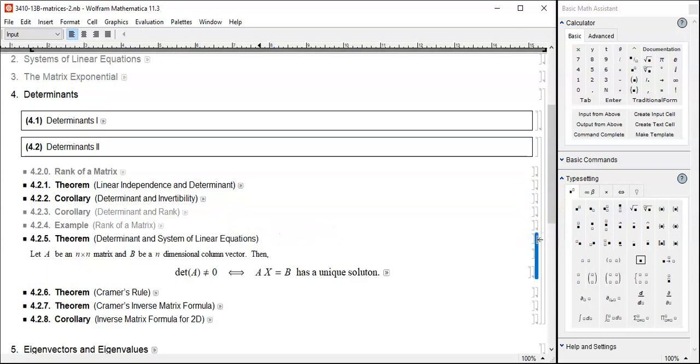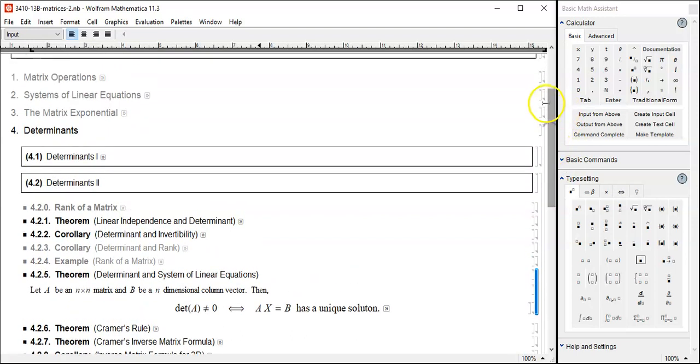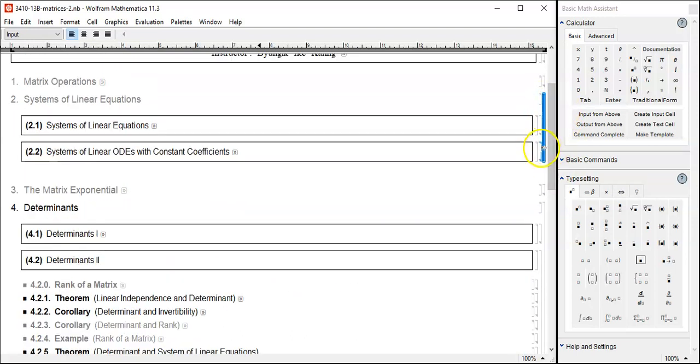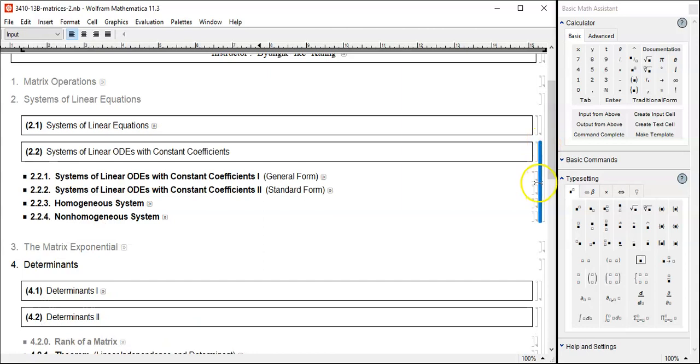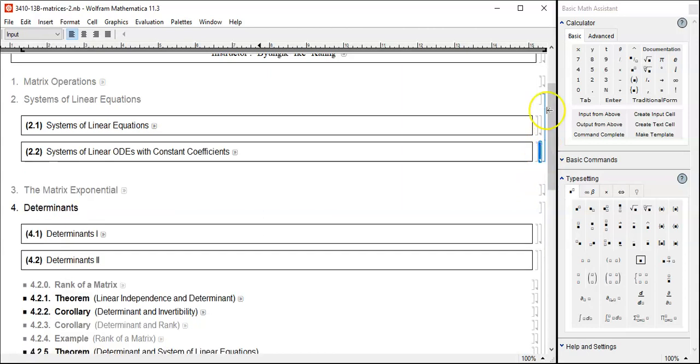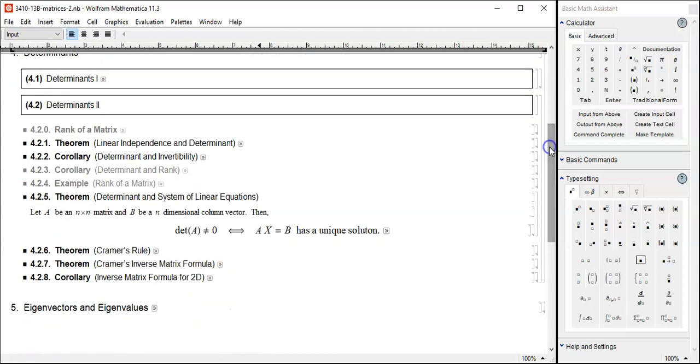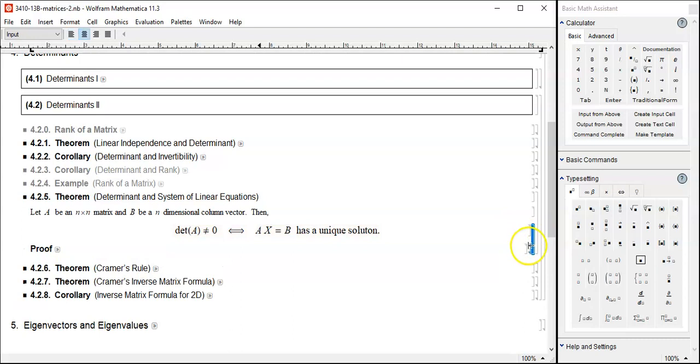And now that we have established invertibility, we can apply this to systems of linear equations. You see, we already discussed it before. If the determinant is non-zero, then the system of linear equations in matrix form, Ax equals b, has a unique solution.